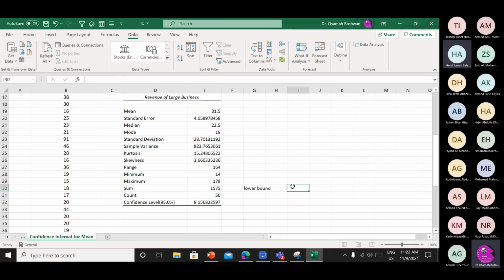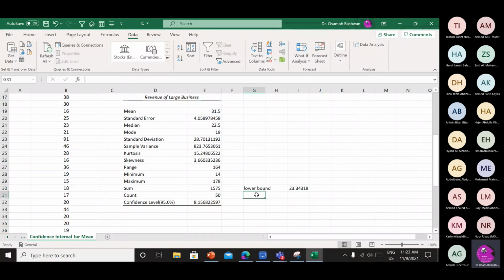The lower bound is x bar, the mean, minus the confidence interval. You have the difference between your sample mean minus this value, which they call the marginal error, and press equal. This is the lower bound.